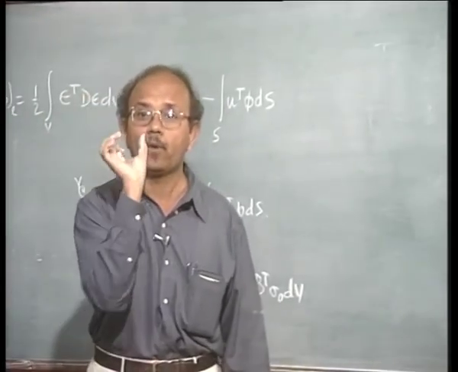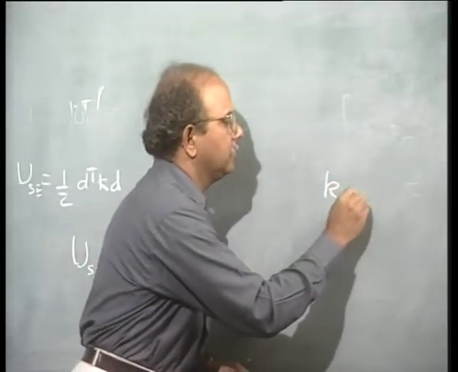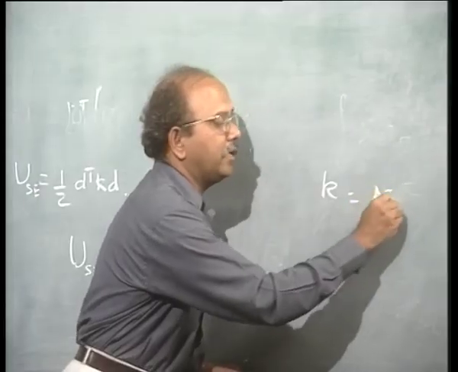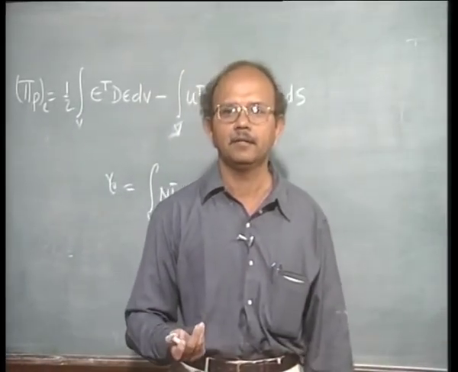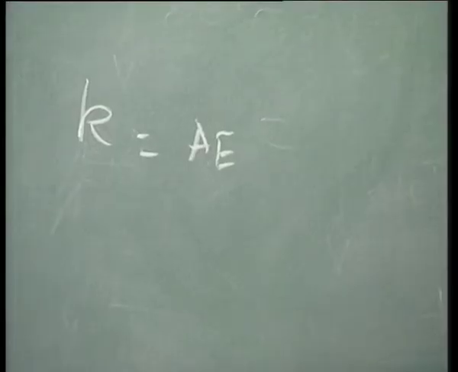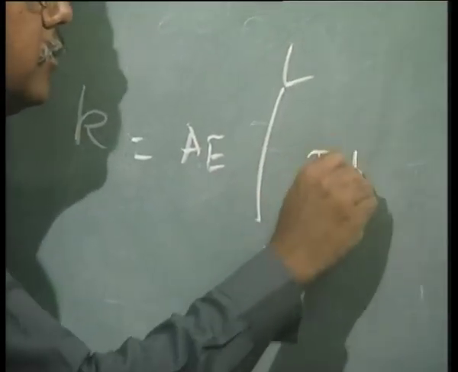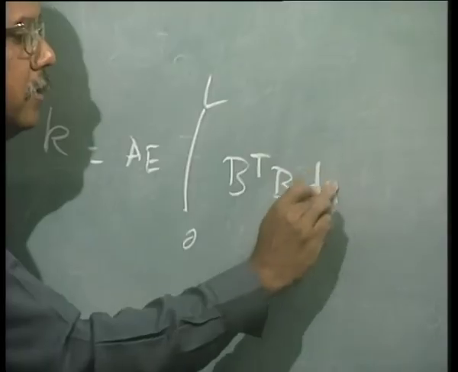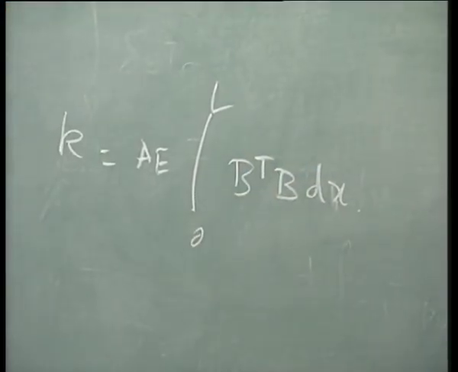Once you do it for one element, it is similar for all the elements. So I can write K to be AE. What happened to AE? AE is a constant, so I can take it out. So integral 0 to L, B transpose B dx.